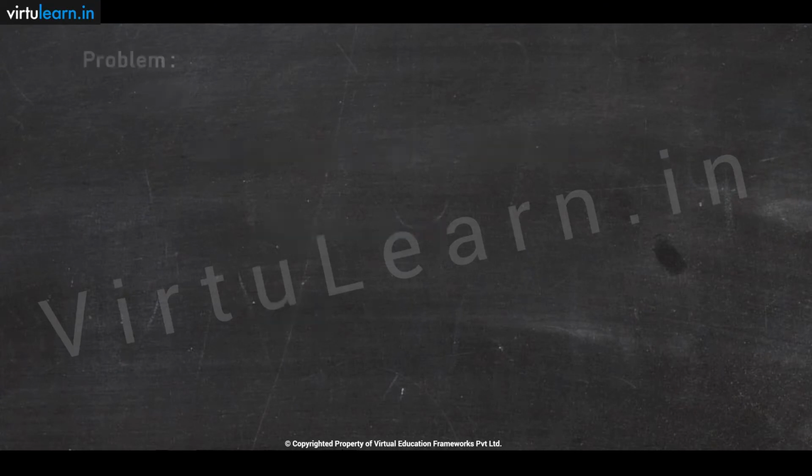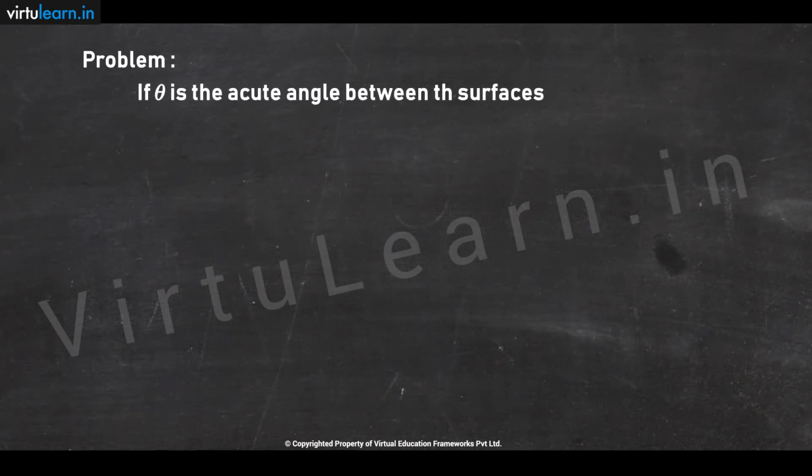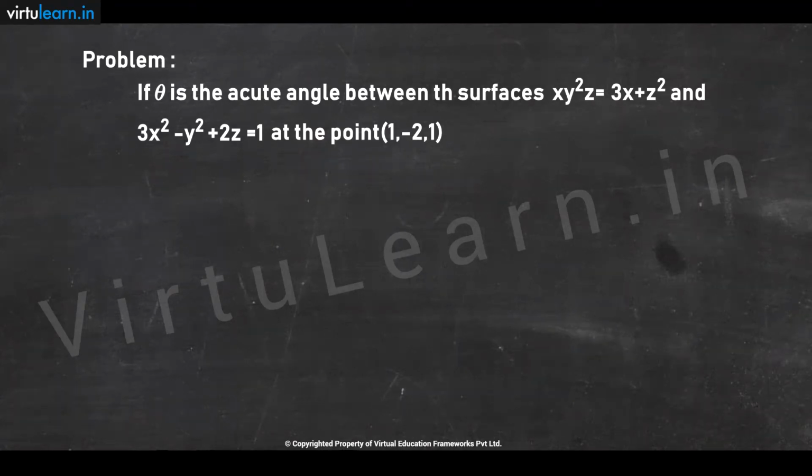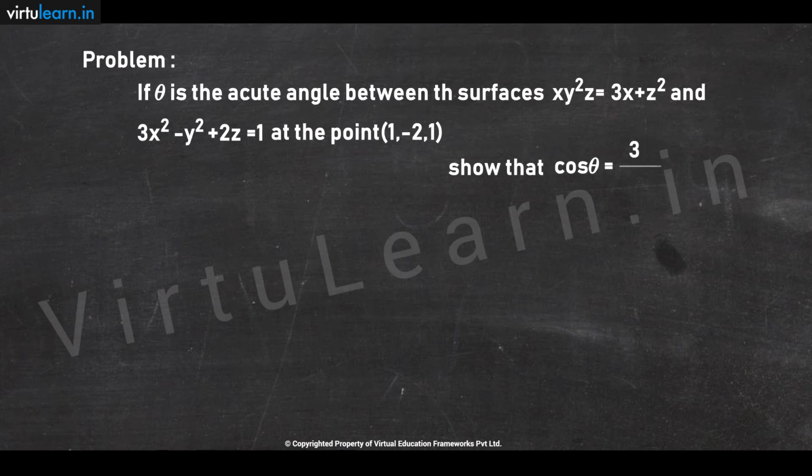Here is another problem. If theta is the acute angle between the surfaces xy square z is equal to 3x plus z square and 3x square minus y square plus 2z is equal to 1 at the point 1 comma minus 2 comma 1, show that cos theta is equal to 3 by 7 times root 6.